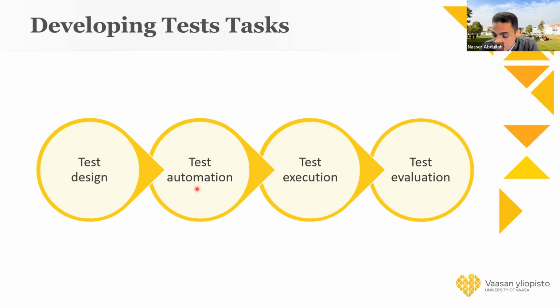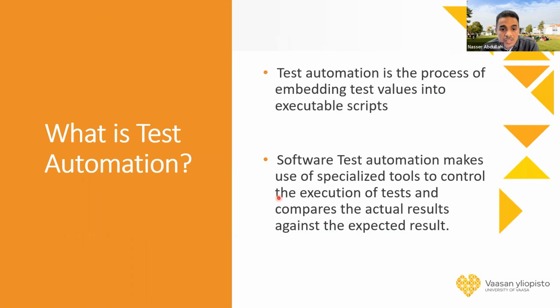So now we will see test automation. The three tasks that will be reviewed today are test automation, test execution, and test evaluation. In test automation, we will write the test script, and then we will run that test script. Also, we will evaluate that test script. Test automation is the process of embedding the test values into an executable script.